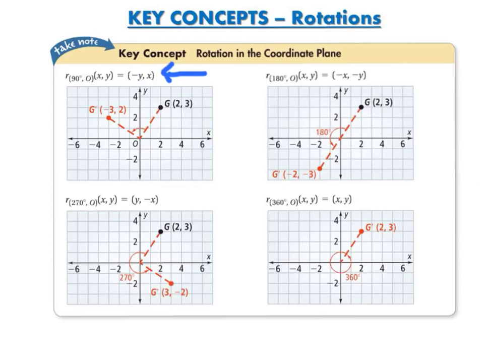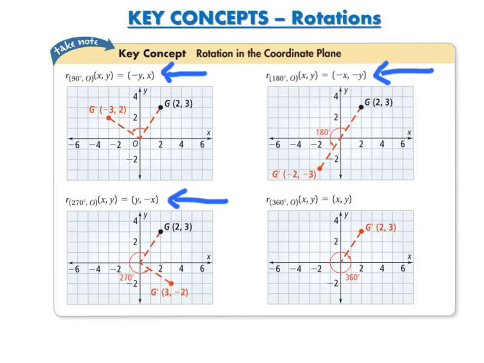We're going to do some so you'll understand how to do that. If you're doing 180 degrees, you don't swap your X and Y value. You simply change the sign of both of them. That puts you in the quadrant across from it. And if you're doing 270 degrees, your new X value becomes your Y value, and your new Y value is the opposite of what your X value was.